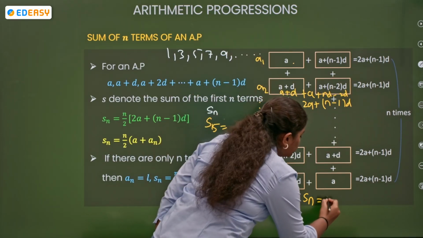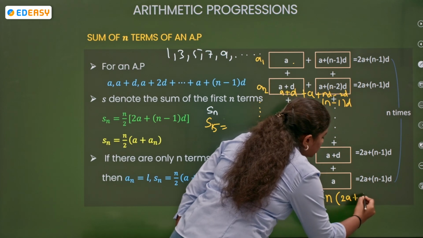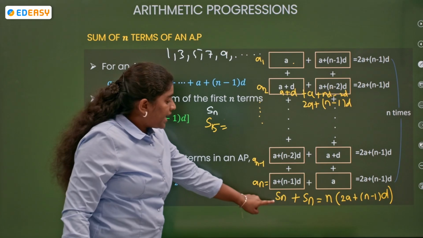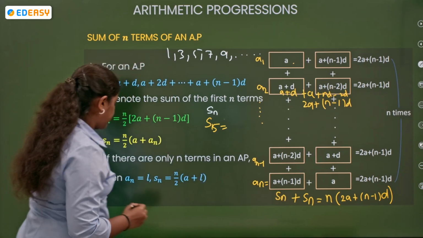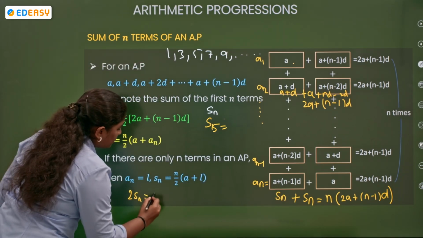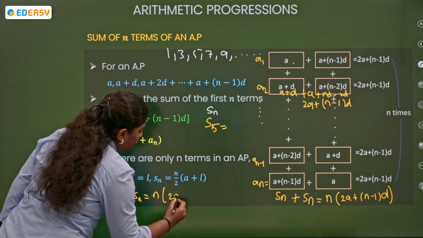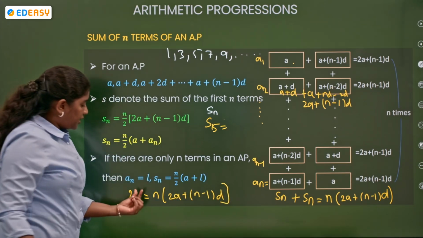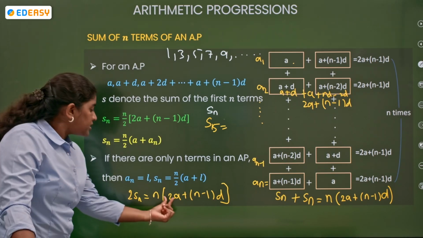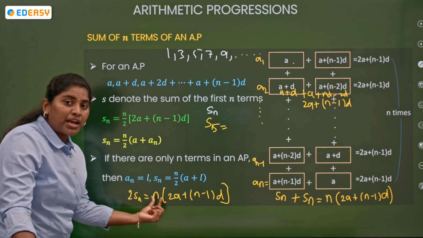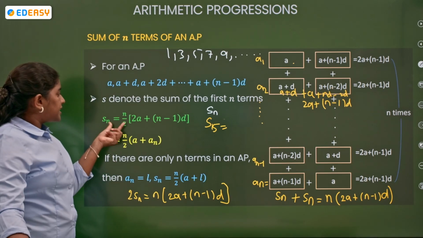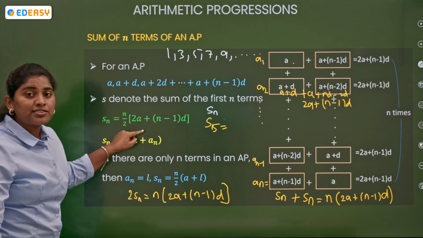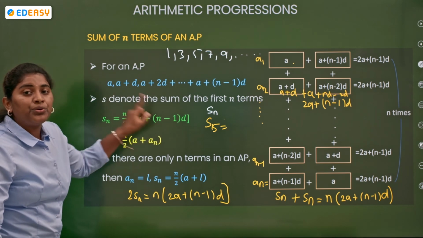So n into 2a plus of n minus 1 into d. Now Sn plus Sn is 2Sn, so 2Sn equals n into 2a plus of n minus 1 into d. Now 2 crosses the equals sign and becomes n by 2. Finally, Sn equals n by 2 into 2a plus of n minus 1 into d.